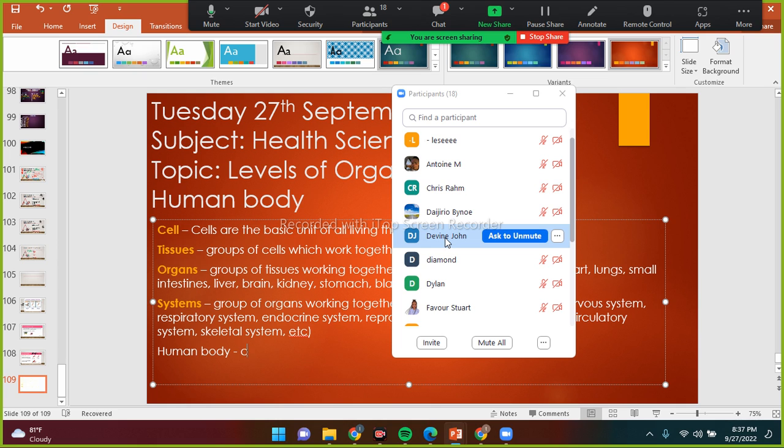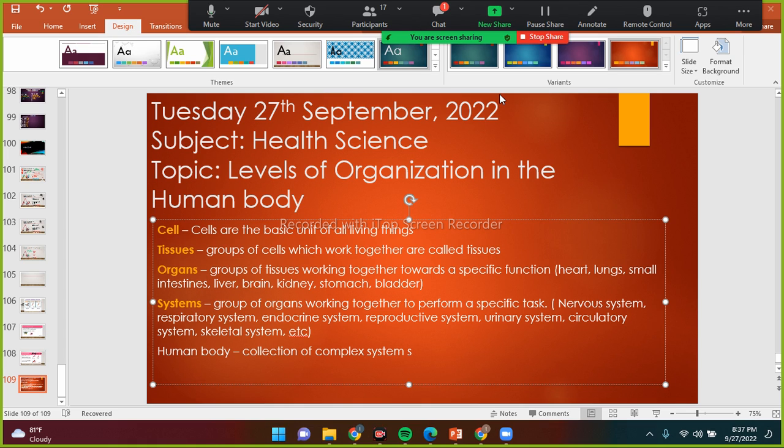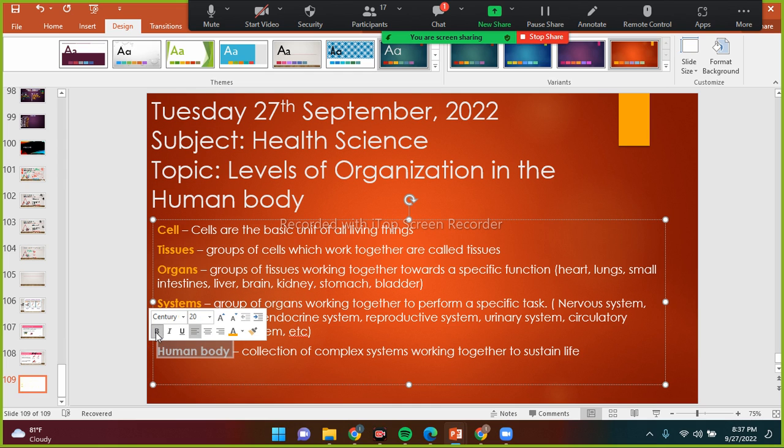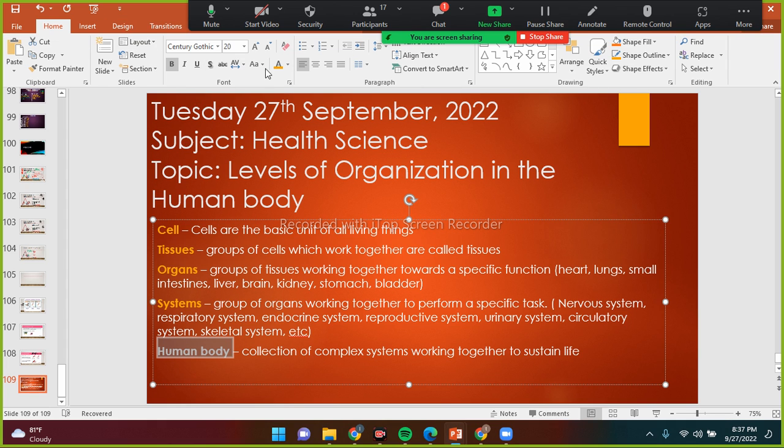So the human body is a collection of systems working together to sustain life. Okay, so those are the levels of organization.